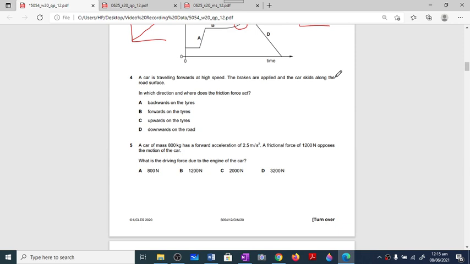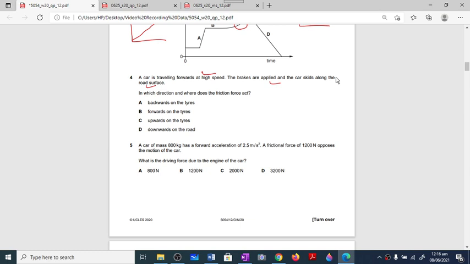Now question number 4. A car is traveling forward at high speed. The brakes are applied and the car skids along the road surface. So whenever you apply the brakes, what will happen? The force of friction will act in the backward direction.